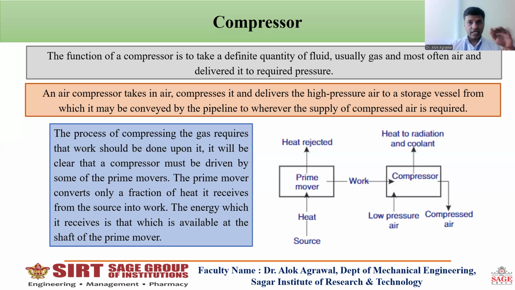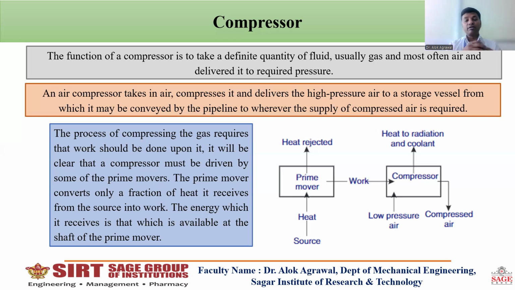Okay, and in that process there will be a generation of heat, because whenever we compress air, there will be a generation of heat. That heat will be rejected from the compressor with the help of coolant or radiation. Otherwise, what will happen? Because of heat, we are compressing the air, but as the temperature of the air increases, it tries to expand, which decreases its density again.